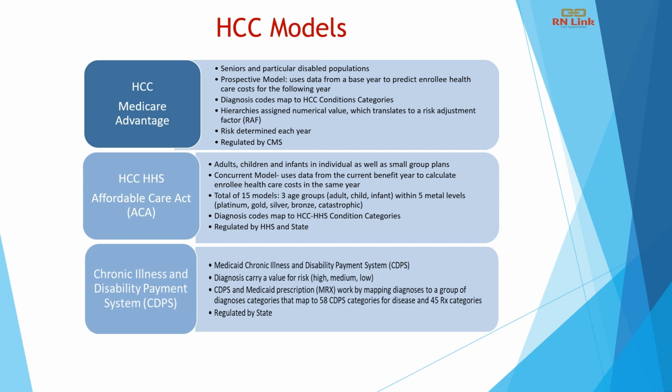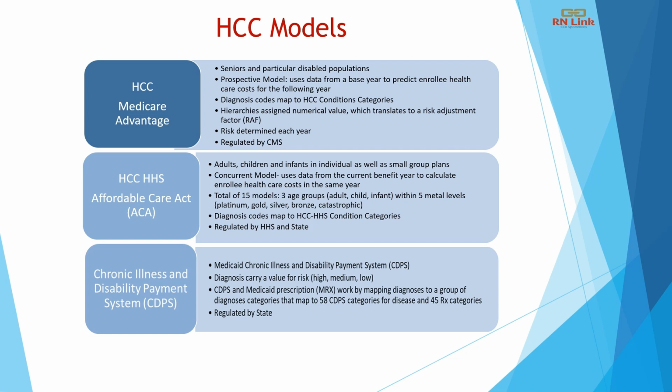2. HCC HHS. Affordable Care Act, ACA, includes adults, children and infants in individual as well as small group plans. Concurrent model, which uses data from the current benefit year to calculate enrollee healthcare costs in the same year.